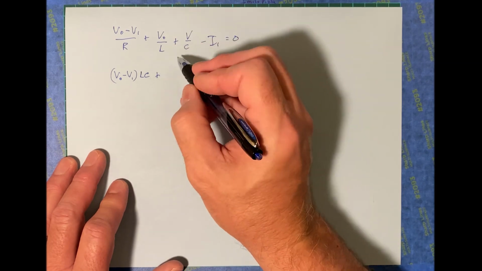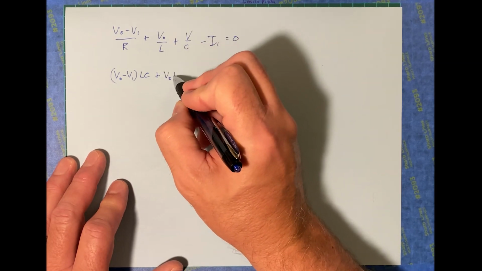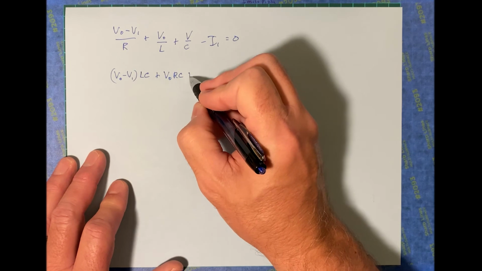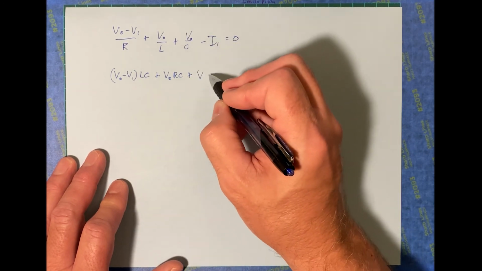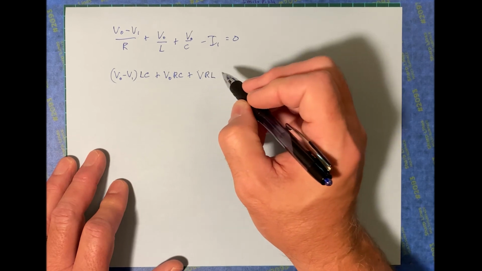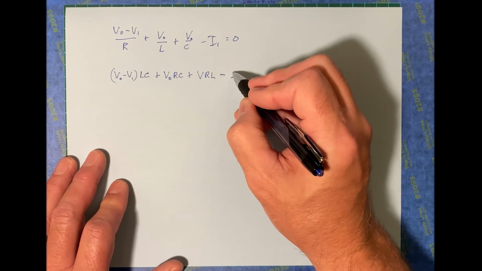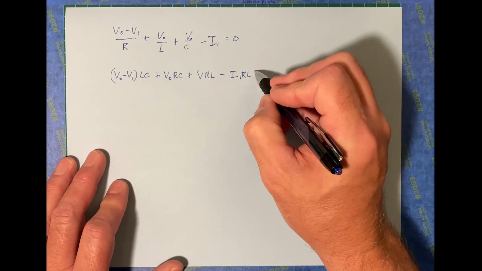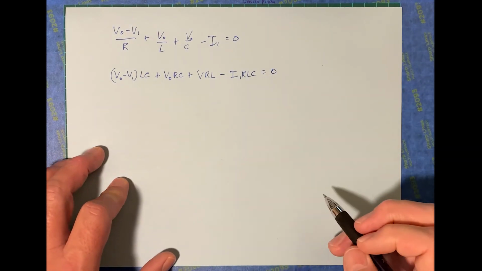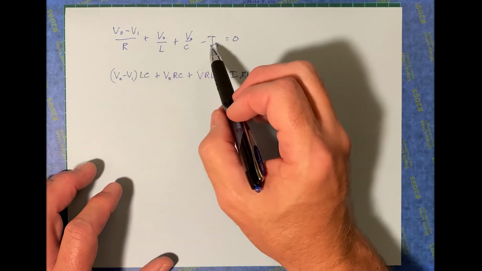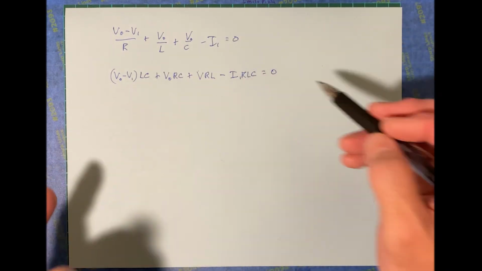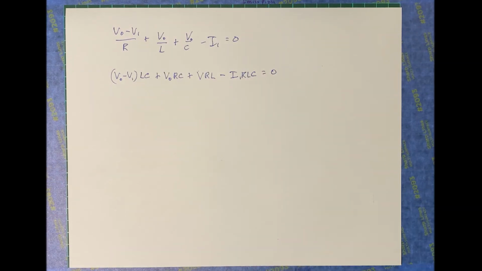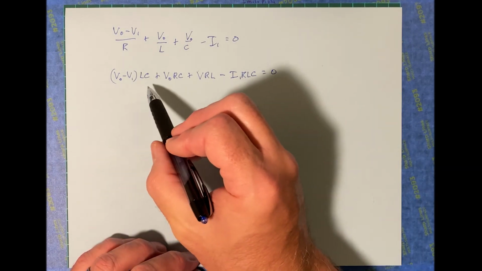Multiply this one times RC, so I've got V0 times RC plus, and this is also V0 times RL, minus I1 times RLC, and that's equal to 0. Okay, so all I did is find a common denominator and then multiply by that common denominator, so I've got this. All right.